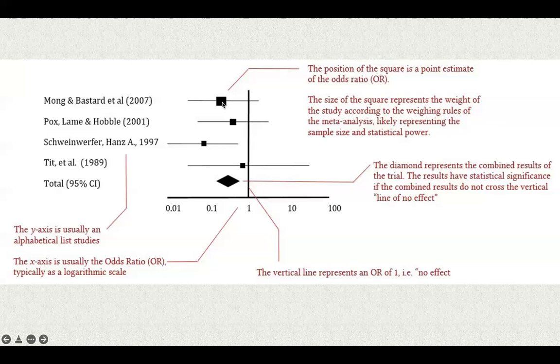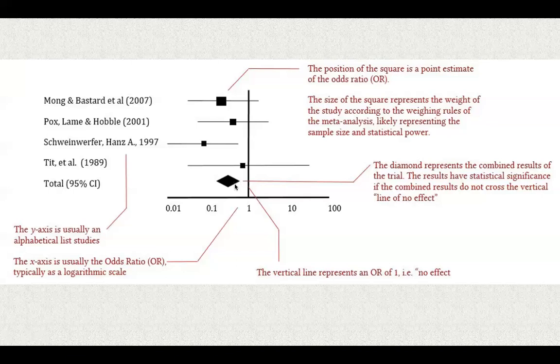The size of these boxes, I have told you, represents the weight of the study, and the position of these squares is very important. If they are on the left side, on the favorable side, that means these studies individually are favoring the new treatment. And if they are on the right side, they are favoring the old standard treatment, that means the control group.